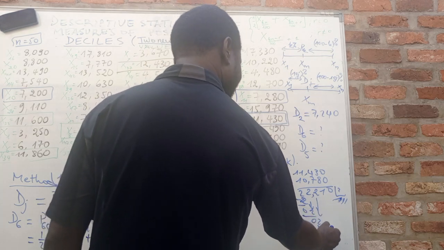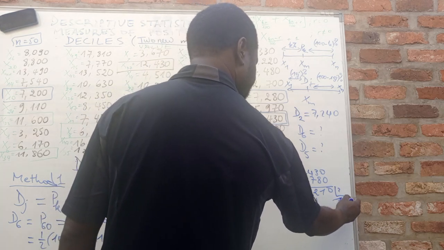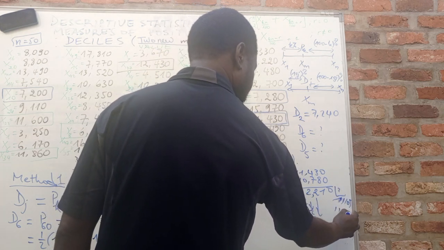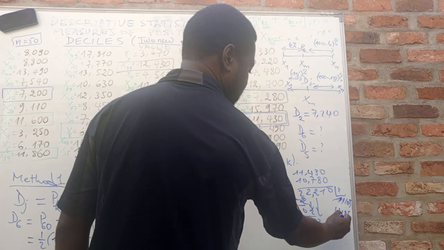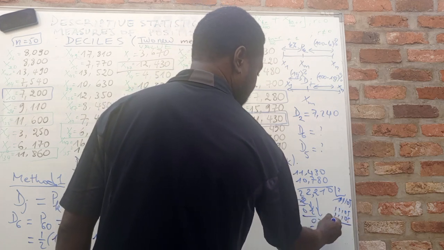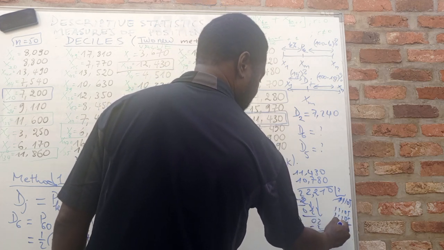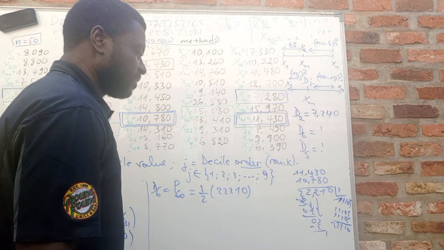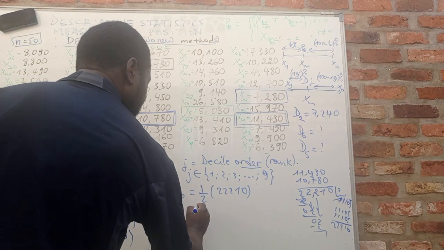And then 1. So we have 0 and 5. So 11105. Because if I multiply by 2, it is adding itself, get 10, get 2, 2, 2, 22,210.